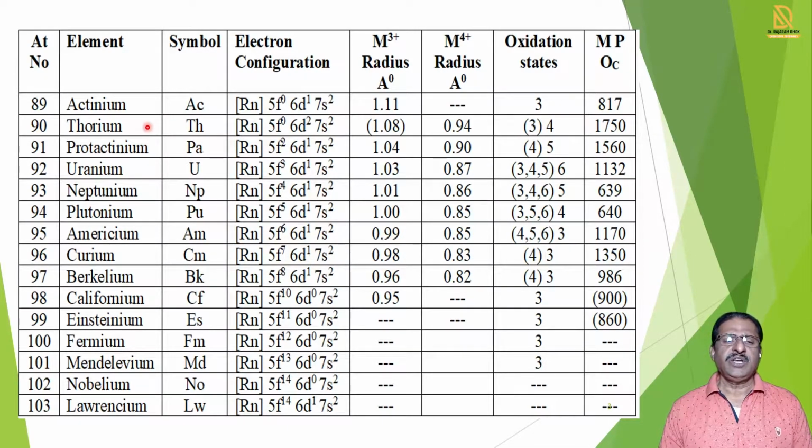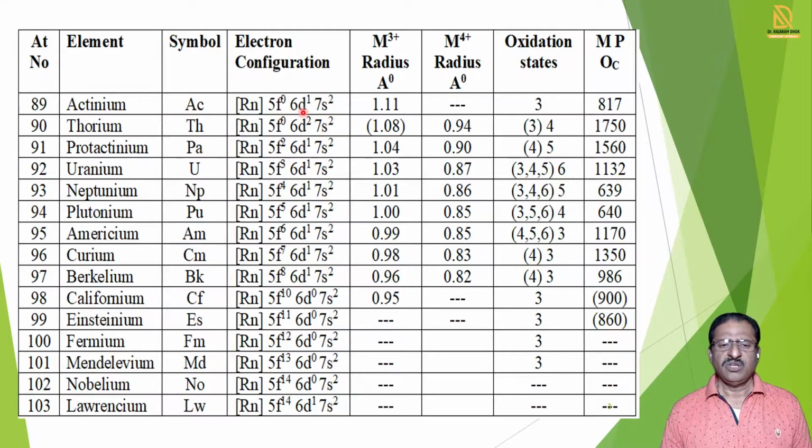Now when we see the electronic configuration of this actinide series, the 5f and 6d orbitals have nearly the same energy, and because of this, an electron can be filled either in 5f or in 6d.